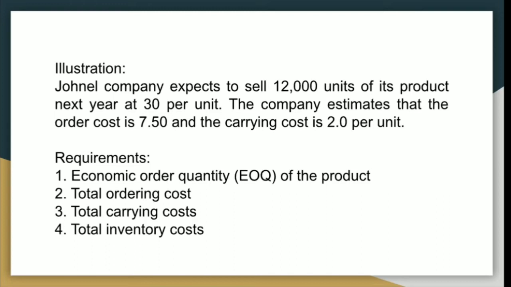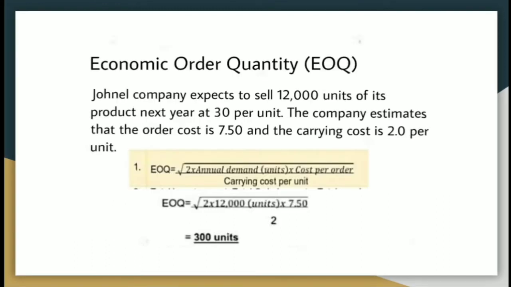First is the EOQ of the product, total ordering cost, total carrying cost, and total inventory cost. So, how do we do this? First, we have to find the first requirement, which is the EOQ. So, the formula is given here. So, what are the given? We have the units or the annual demand.